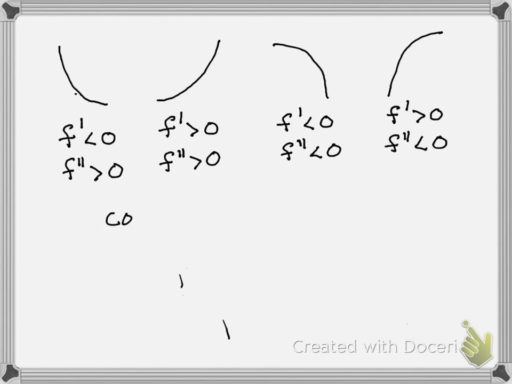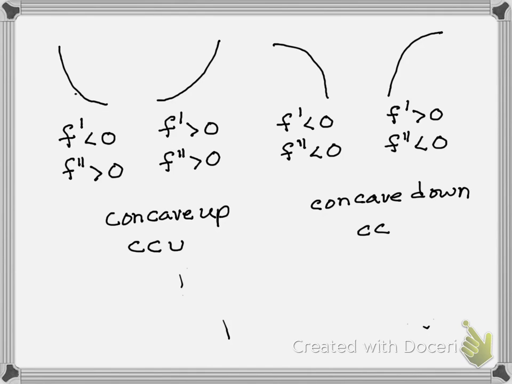The first 2 cases, with the positive second derivative, we say at such a place the function is concave up, or CCU for short. In the other cases, we say the function is concave down, or CCD, to abbreviate. So, concave up, concave down. And that's the story.